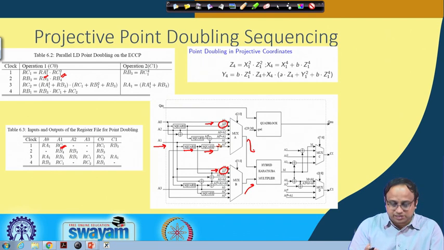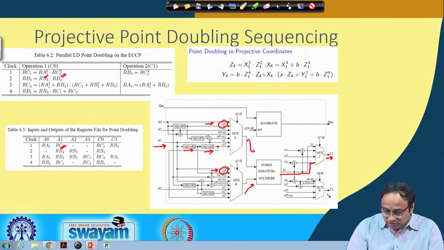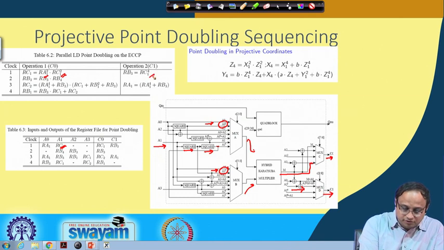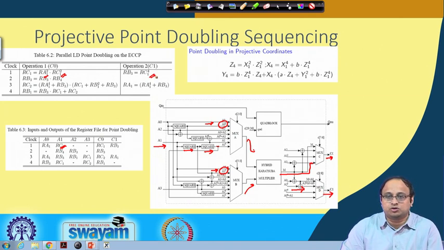The C0 port is used to transfer the output of the multiplier, whereas the C1 port is used to pass this corresponding result, which is A1 to the power of 4. So this A1 to the power of 4 is passed to C1, which means you also have this data ready in the same clock cycle.